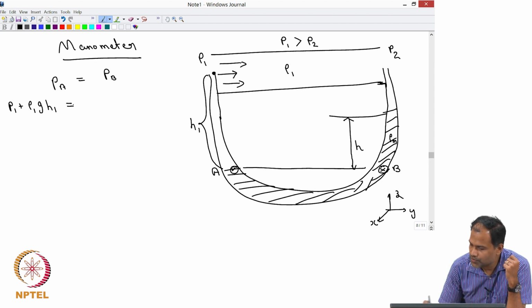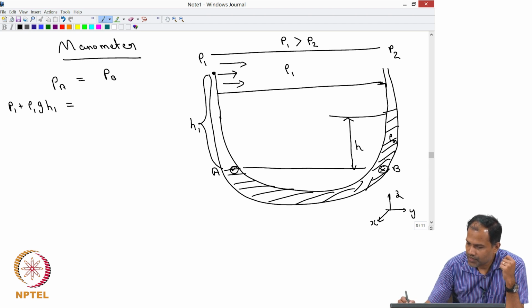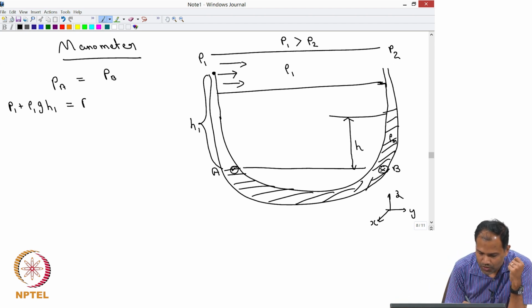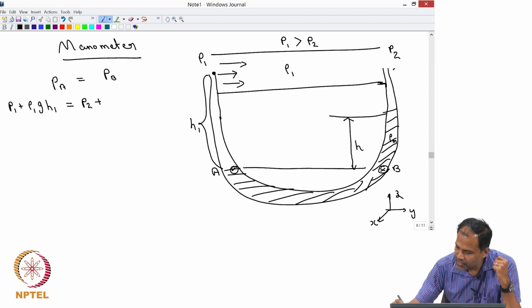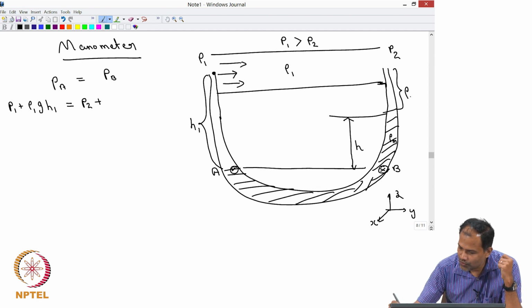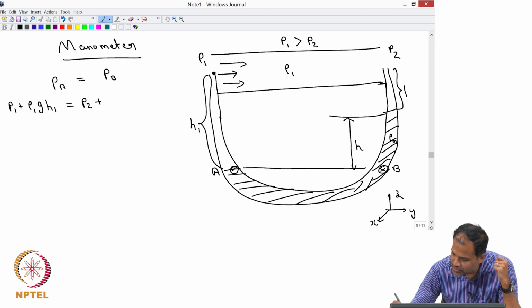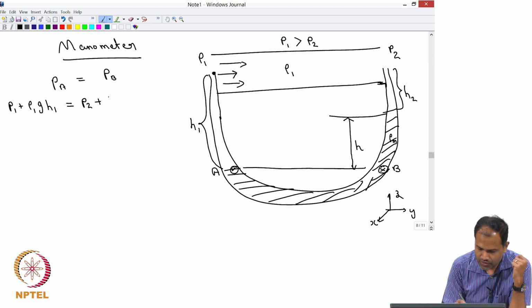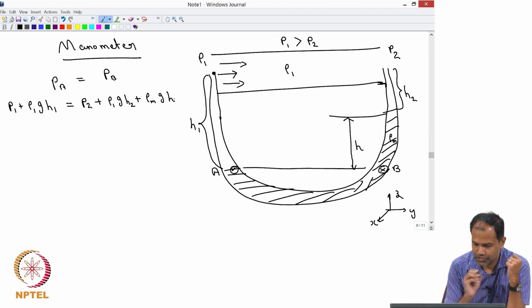This is equal to the pressure at B, which is P 2, the pressure inside the pipe, plus a fluid which is filling this part of the manometer with a density rho 1, and let us call this height H 2. So, it is rho 1 G H 2 plus rho m G H.